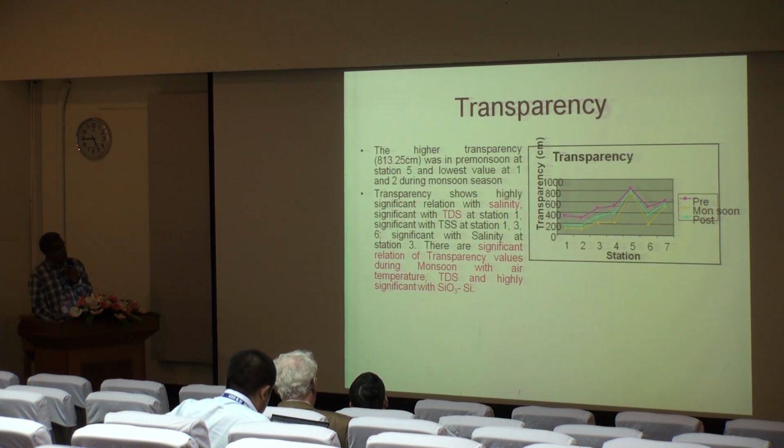There is a significant relation of salinity and TDS at station 1, which I call the jetty area, meaning the transportation and navigation area, as well as TSS. In monsoon there was also a significant relation of air temperature and TDS, and highly with salinity and silicate.